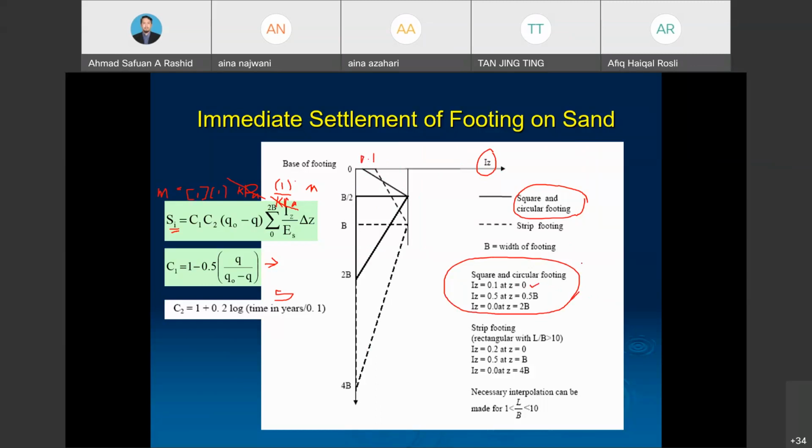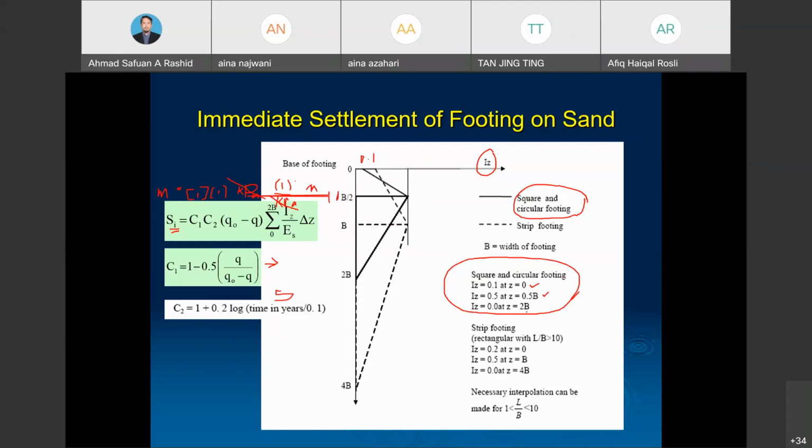Okay. So then we have another one, 0.5 for the Isaac at 0.5b. Okay. So for example, if the width of your footing is 2 meter, so yang ini lebih kurang kedalaman 1 meter. Okay.